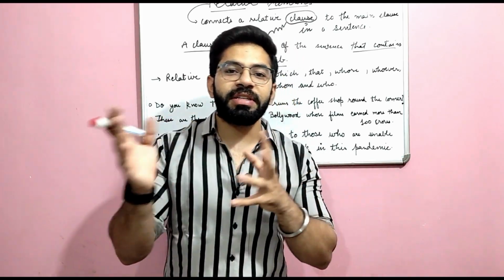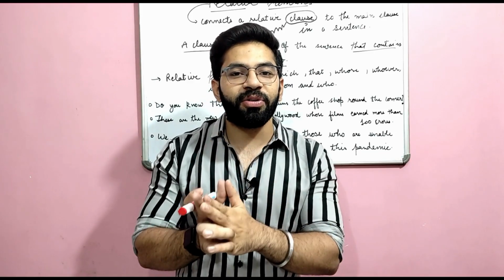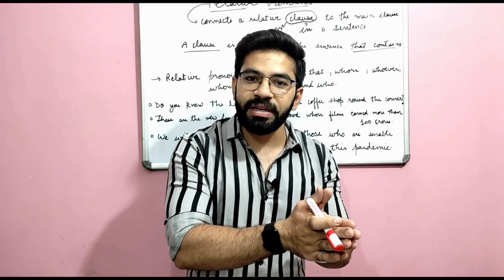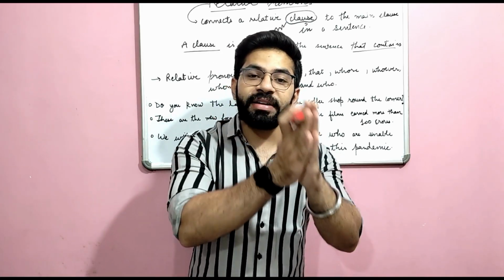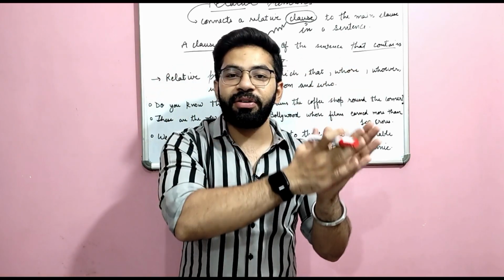When we have a longish sentence, could even be a short sentence, there is one main clause that talks about the main action being done in the sentence, and that main clause is connected with another subclause which is called the relative clause. That relative clause contains more information regarding the main clause.